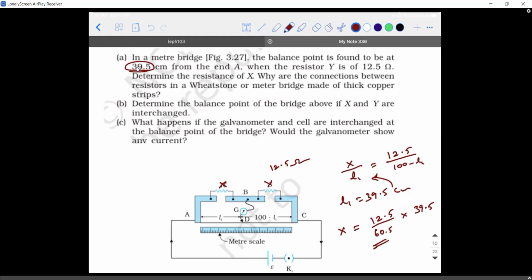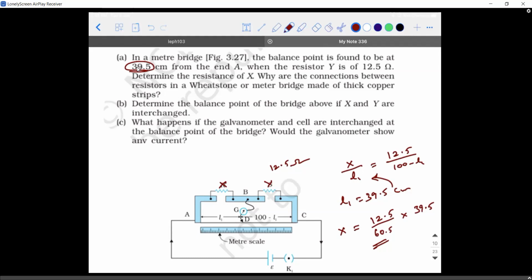The connections between the resistors in a Wheatstone bridge or meter bridge are made of thick copper strips to minimize the resistance, which is not taken into consideration in the meter bridge formula.